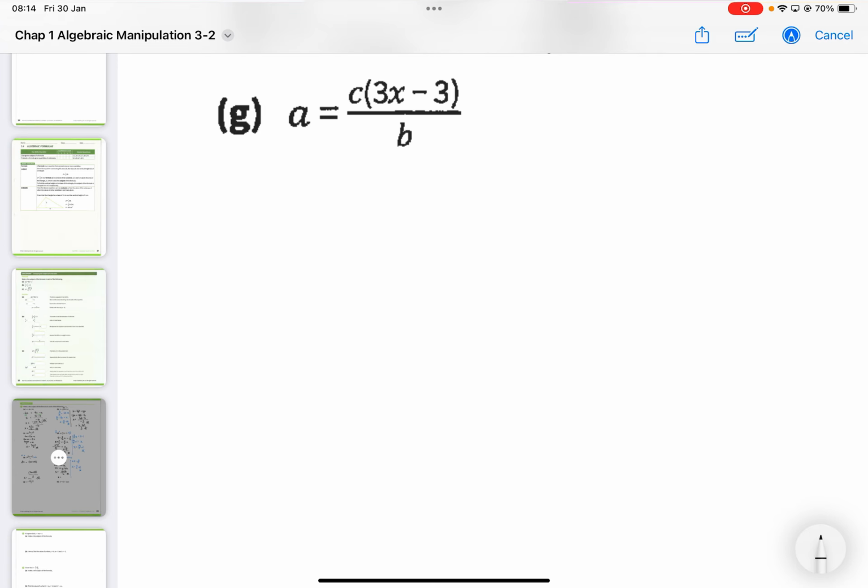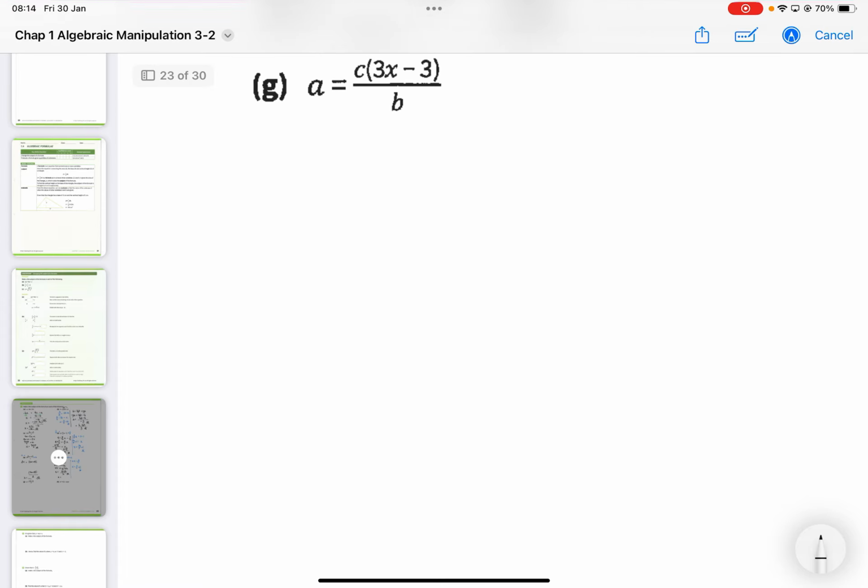Okay, next one. I want X to be the subject. Means my endpoint is X here. But now my X is trapped inside the bracket. So there are a few ways. But I also know now my X is in the bracket and is one of the numerator.